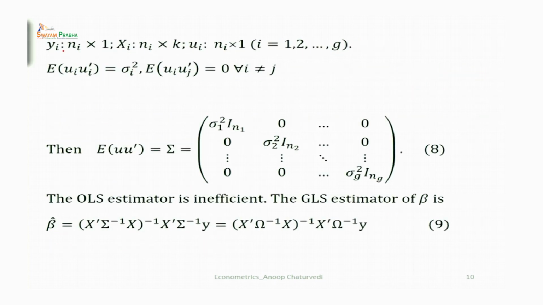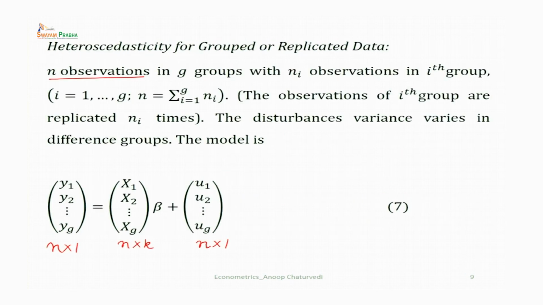Then y_i is of order n_i cross 1. So, basically here we have n1 observations, n2 and so on, nG, and summation n_i is equal to n.